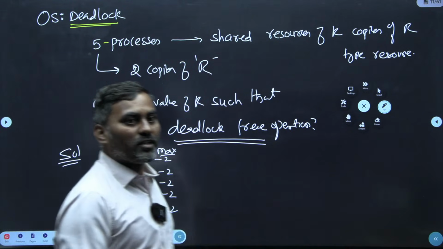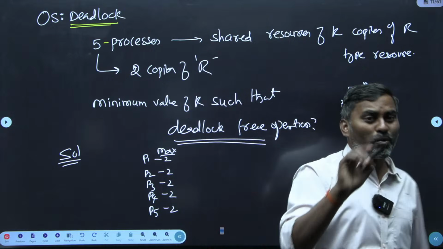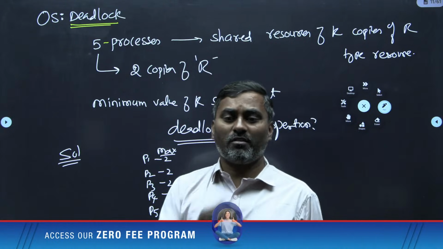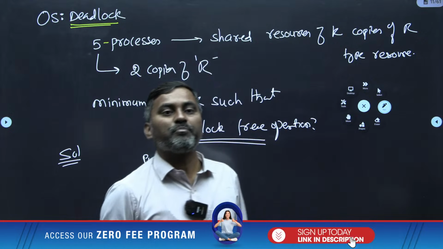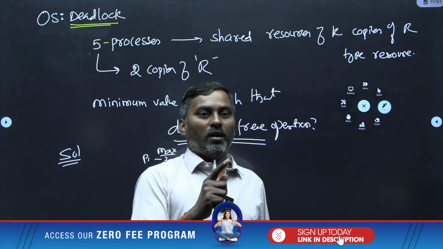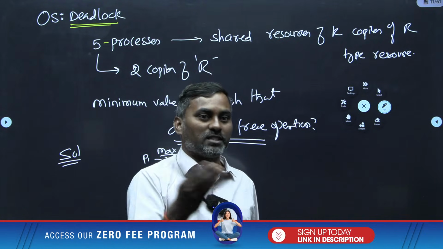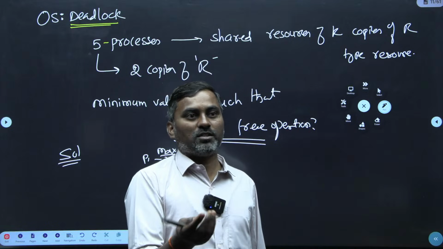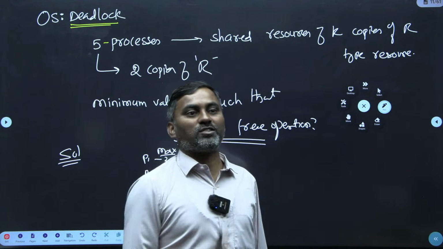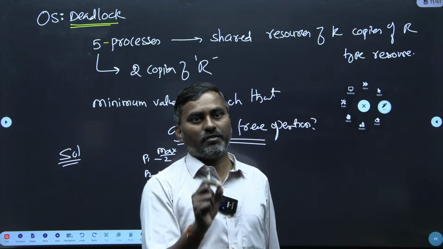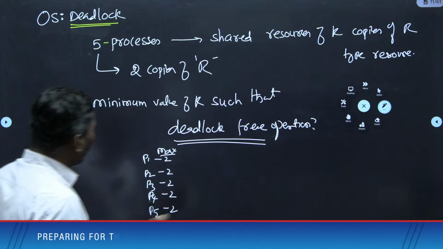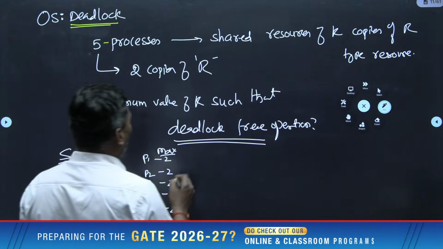One line is also given in the question: the second copy can be acquired by a process only after acquiring the first copy.